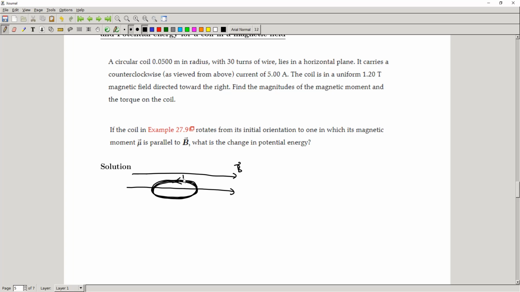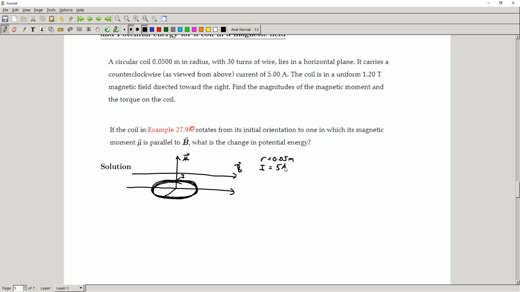Let's say this will be our current, and then we could use our right-hand rule to set up our magnetic dipole moment like this, right? This thing's going to have some radius. We have numbers for all these, so the radius is equal to 0.05 meters. Our I is equal to 5 amps.